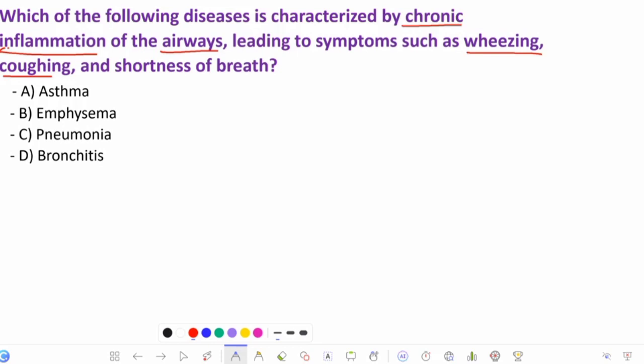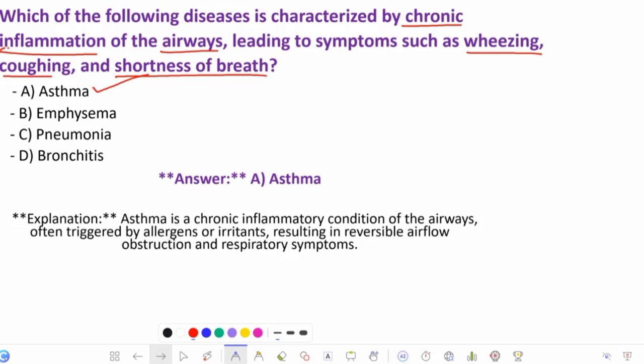Coughing is another symptom of some respiratory disorders, along with shortness of breath. So it is chronic inflammation of the airways characterized by wheezing, coughing, and shortness of breath. This condition is known as asthma.